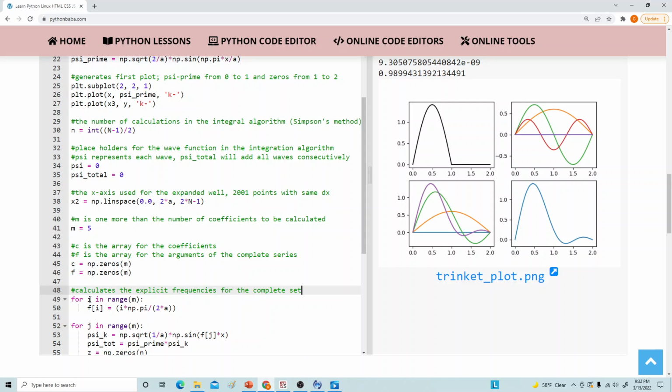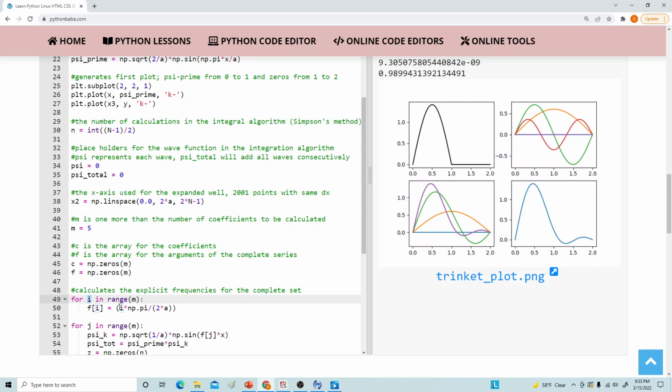So if I go over the index I over range m, what this will do is the first one will calculate 0 times pi over 2a, and that will of course be 0, which is why the 0th element drops out of the calculation anyway.